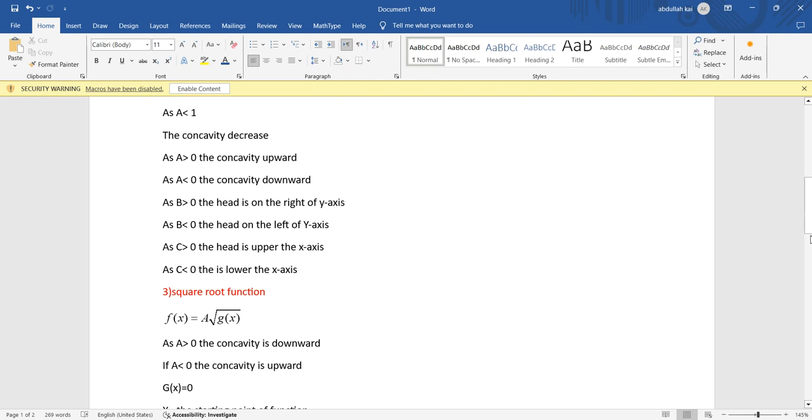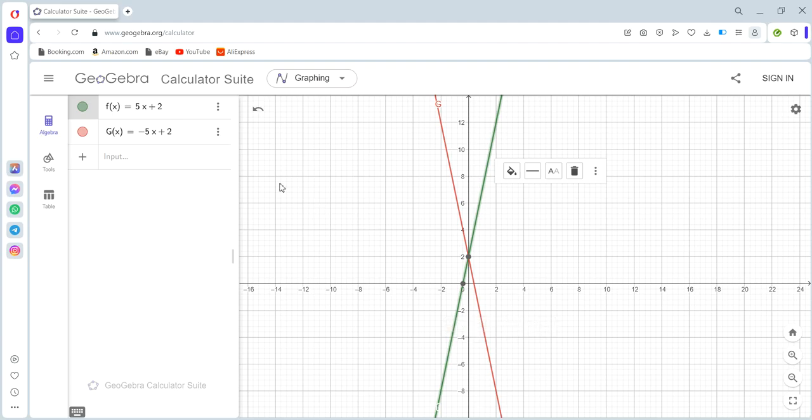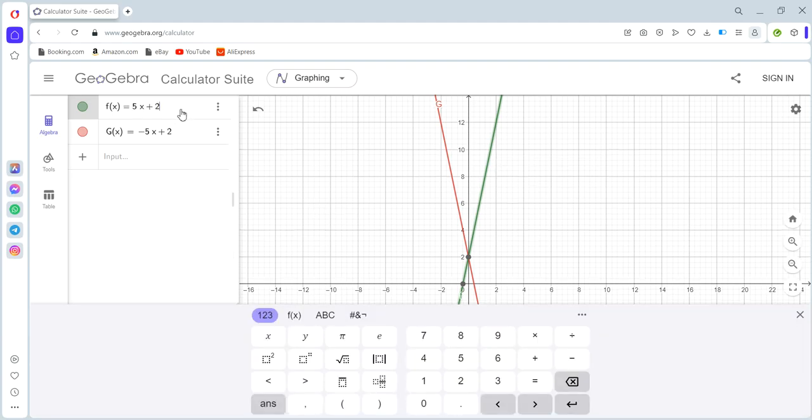Let's see. Let's go to GeoGebra. Let's see this function. 5x minus 3, shifting 3 points to the right. 5 refers to the concavity.